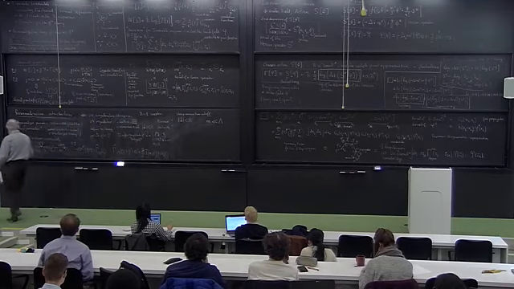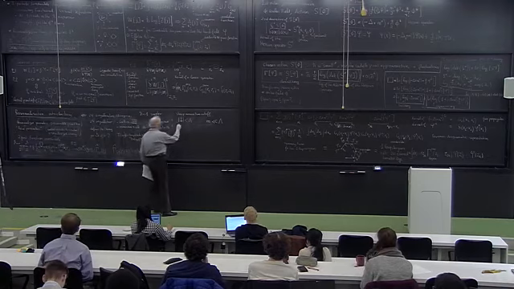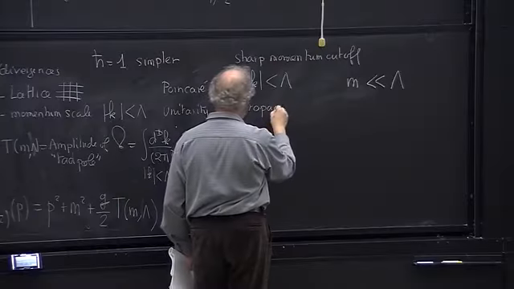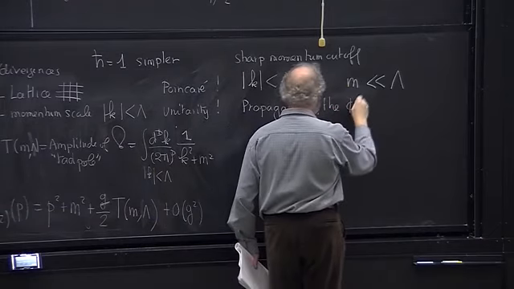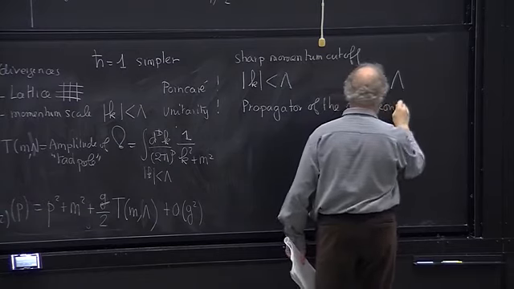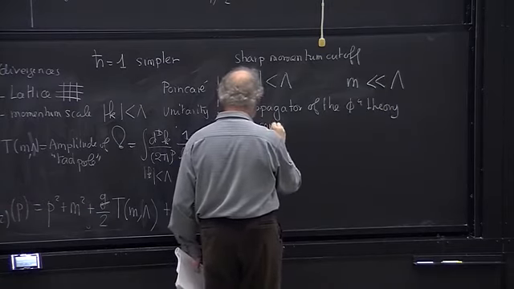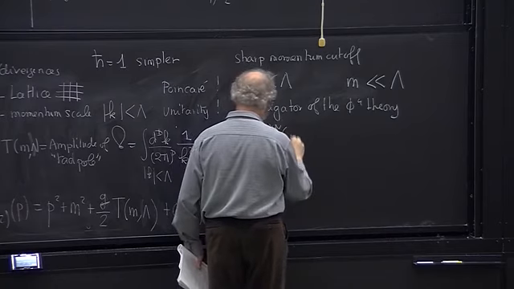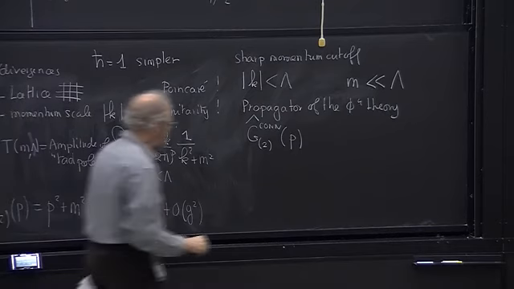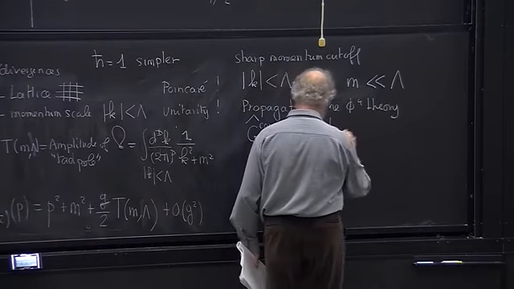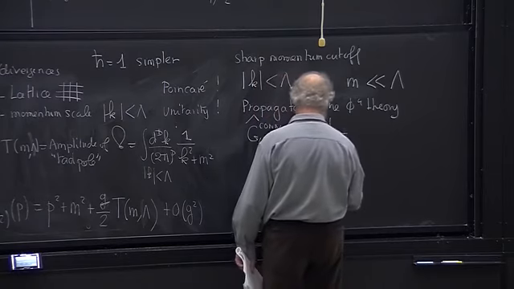So this means that the propagator of the phi-4 theory, so this is the two-point connected function, if I consider its Fourier transform, it's just 1 over Γ̂ two-point of p.